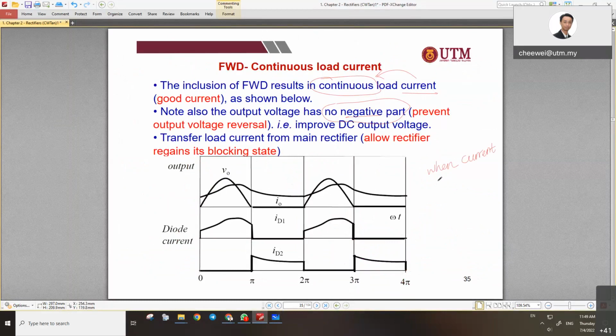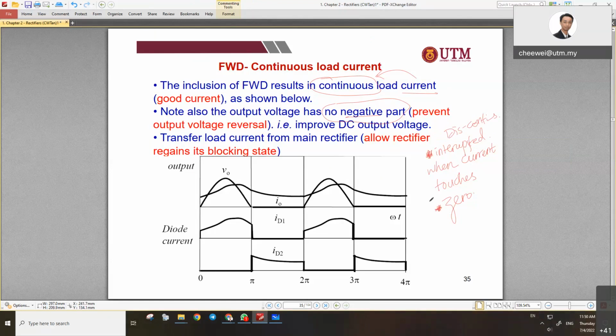When the current touches 0, it is interrupted. So discontinuous means the current is interrupted, or the current touches 0. Once it touches 0, it is discontinuous.